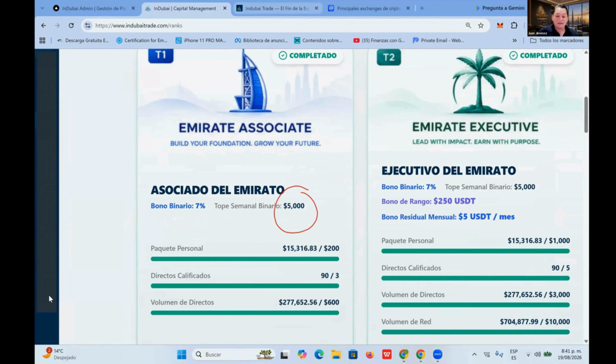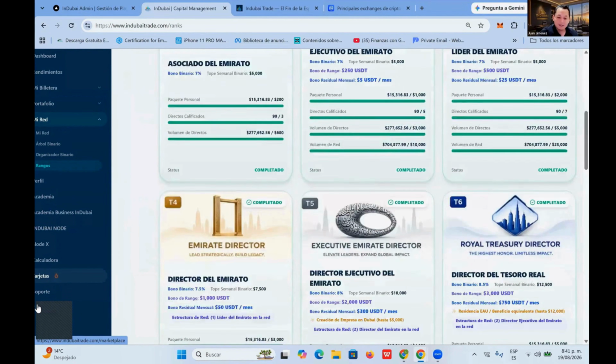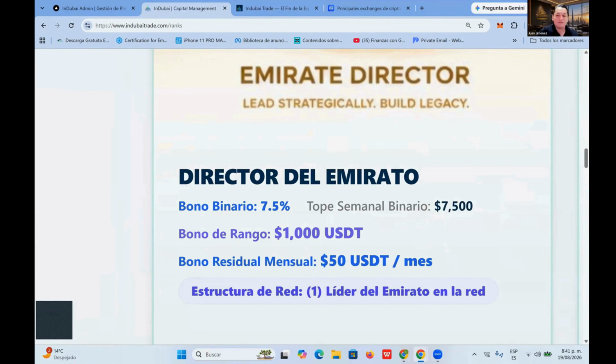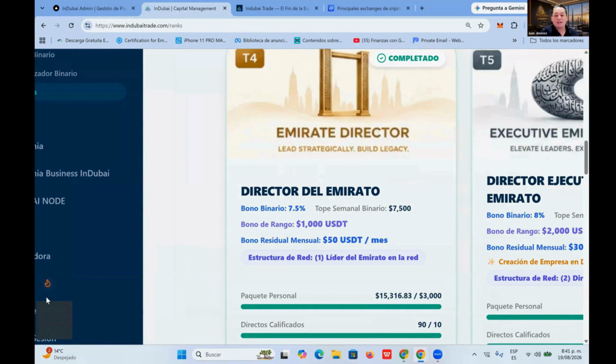As you continue to move up in rank, you will find that two specific things tend to increase. The actual percentage you earn from the binary system increases over time, and as that goes up, so does your weekly cap. Look, it really adds up. So at this rank, you already earn 7.5% and can earn 7,500 weekly.